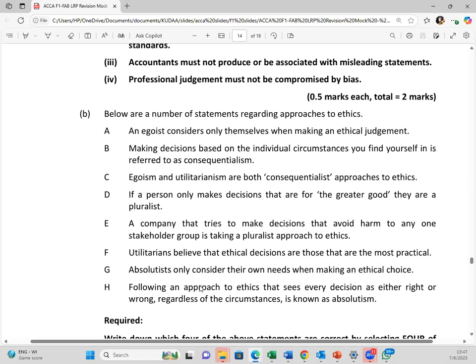That one we can't debate on, according to the absolutist approach. Then the pluralist approach, we are trying to minimize the harm or damage. We want a decision that tries to balance all the sides.